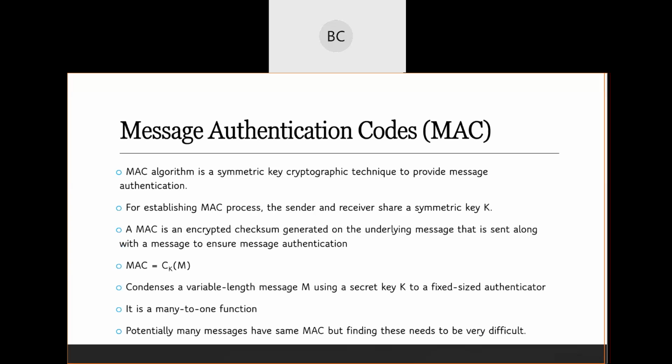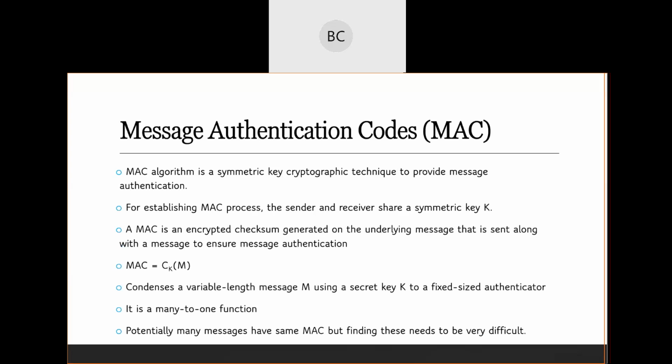For establishing a MAC process, the sender and the receiver share a symmetric key, and the key can be any, for example, K. Essentially, a MAC is an encrypted checksum generated on the underlying message that will be sent along with the message to ensure message authentication.